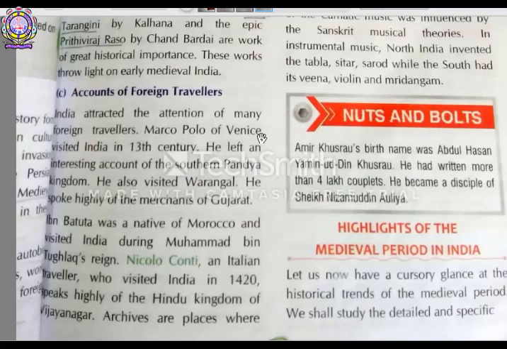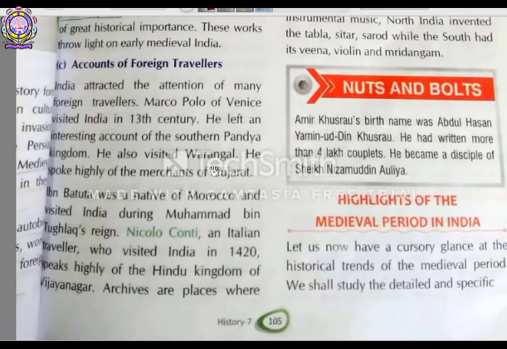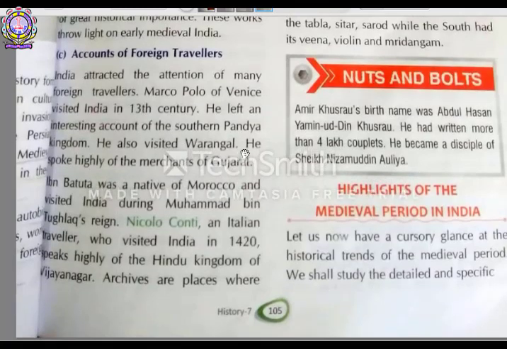Marco Polo of Venice visited India in the 13th century. Marco Polo was a foreign traveler and he visited India in the 13th century. He left an interesting account of the southern Pandya kingdom. When he came, he saw the Pandya kingdom in the south. He also visited Warangal and he spoke highly of the merchants of Gujarat.